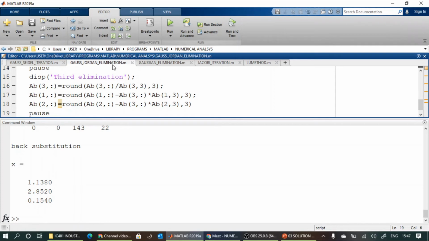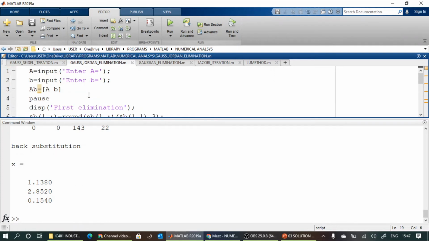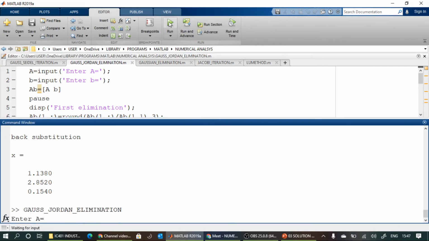Now, how to solve using Gauss-Jordan elimination in MATLAB. Here also I can use this algorithm. This one is an algorithm written by me. I can use this algorithm to solve third order systems only. So first, the system that we discussed using slides.